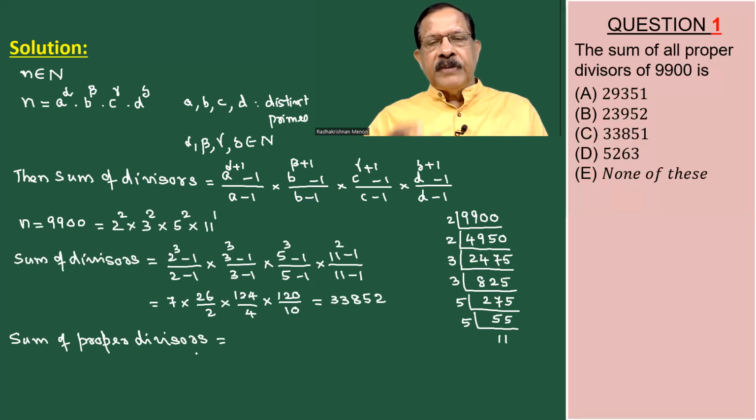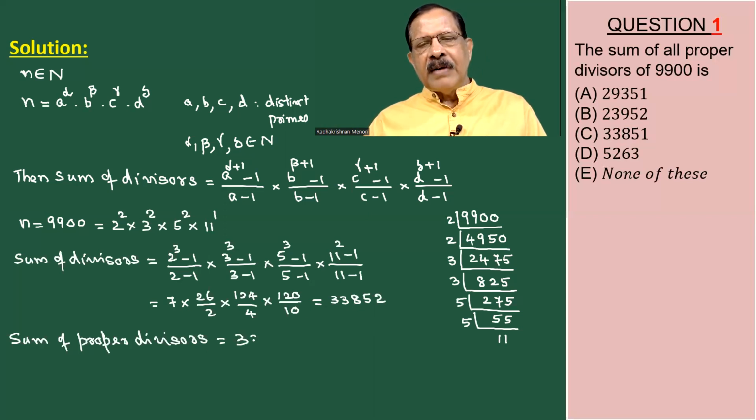Suppose you are finding the proper divisors of n, from the divisors you exclude n. That means that number you have to exclude. All divisors other than that given number are called proper divisors. So this is the sum of all the divisors. Here the number 9,900 also is included.